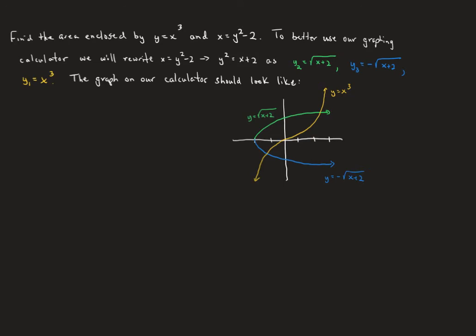So I have put on my calculator y1 equal to the original cubic graph, y equals x to the third, and then y2 as the positive square root of x plus 2, and y3 as the negative square root of x plus 2.